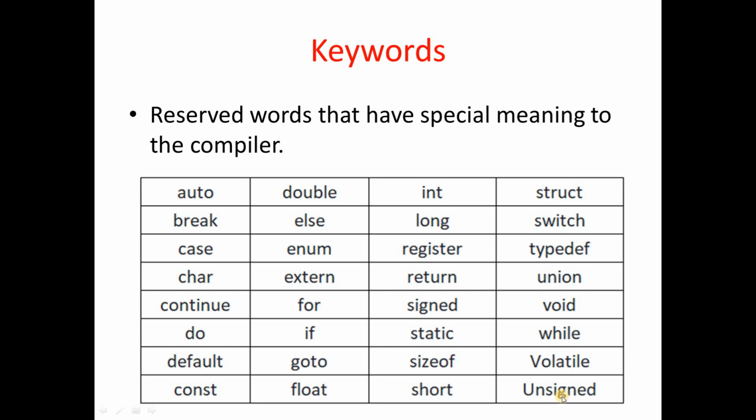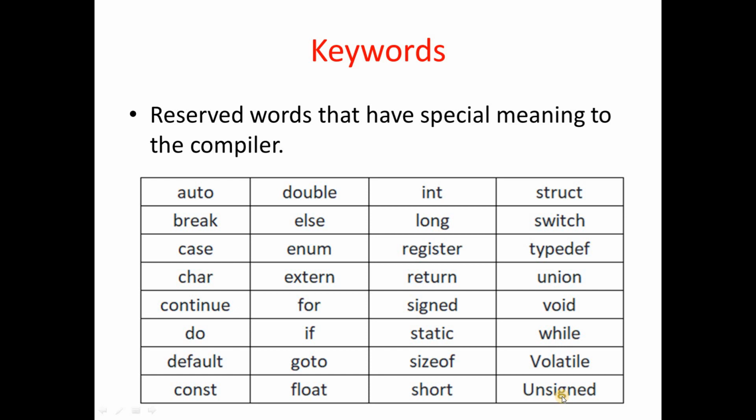At this point, there is no need to know the meaning of these keywords. Whenever we use a keyword in our programming, I will explain its meaning, or what special meaning it has. But at this moment you have to wait, because if I told you the meaning now, it would be confusing for you.